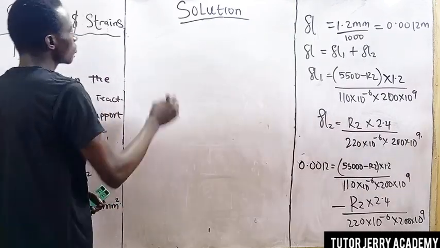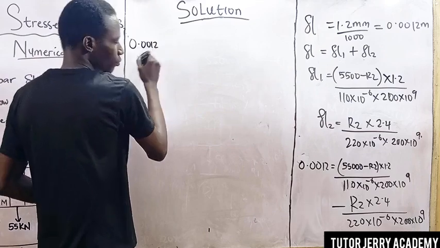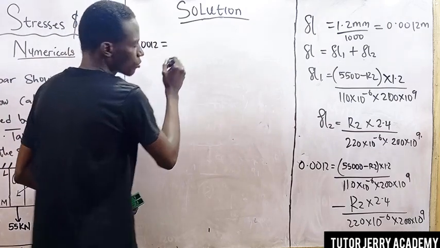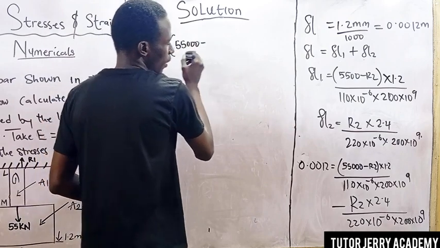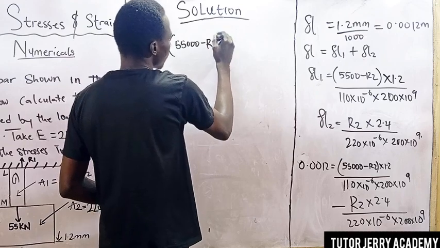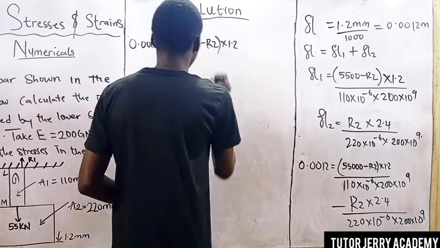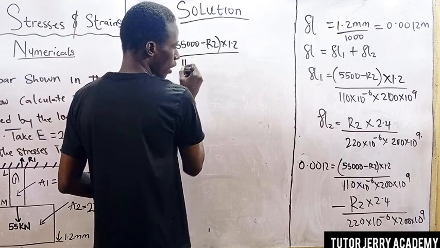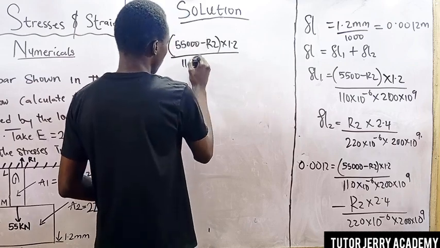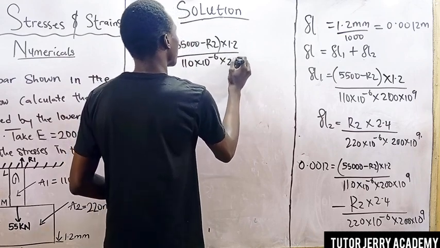Now what we are going to do here, we're going to be having 0.0012 equal to 5,000 minus R2 multiplied by 1.2, dividing by 110 times 10 to the power of minus 6 divided by 200.